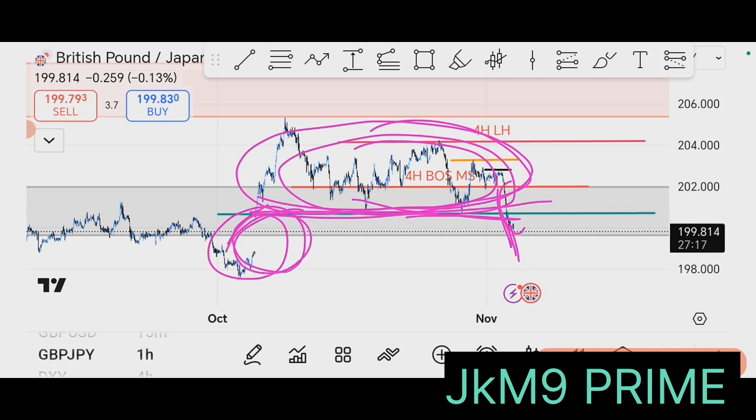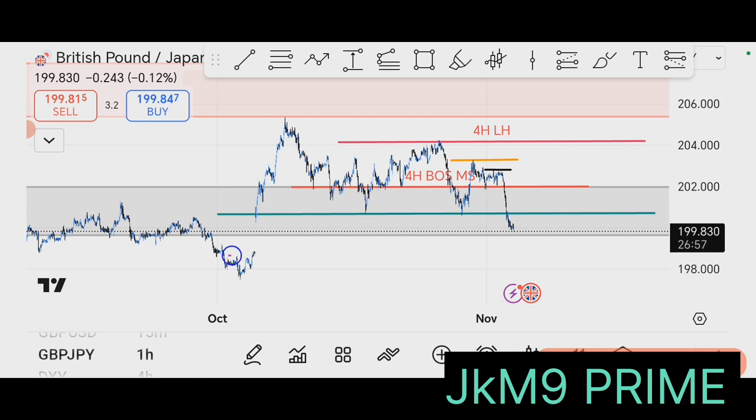Then what will you expect? Maybe once price fills this gap, it shows some pullback, then based on the liquidity it will go higher or it will go downwards. So what will we expect? Once price reaches this place, we can expect some rejection on the upward.